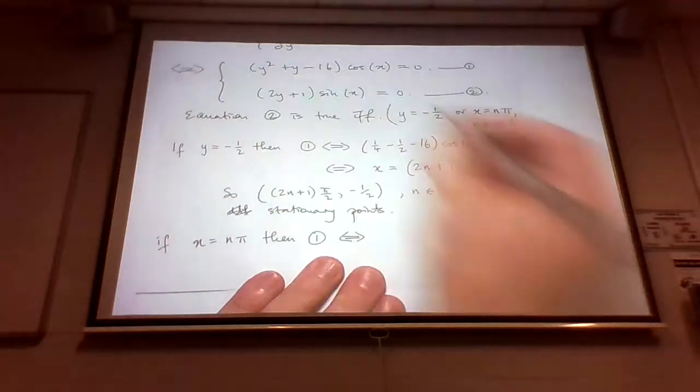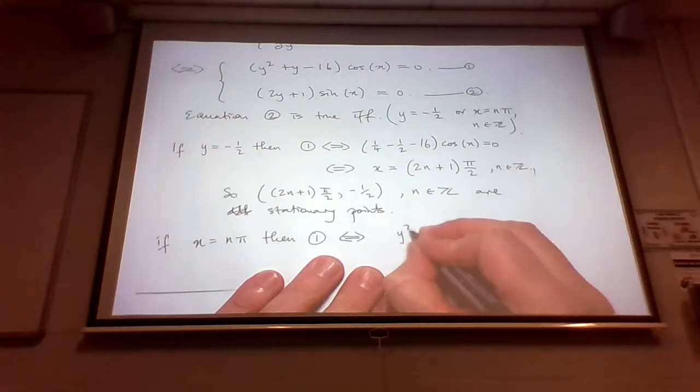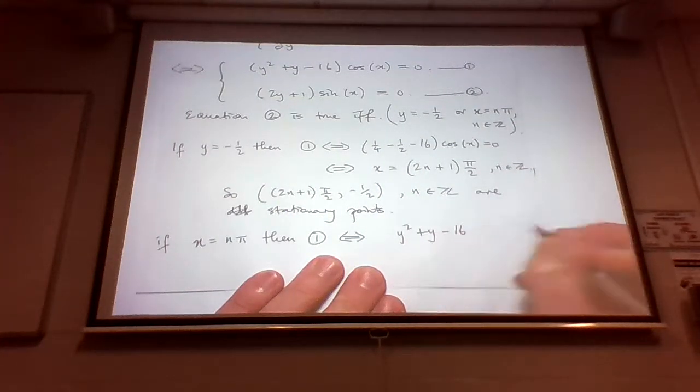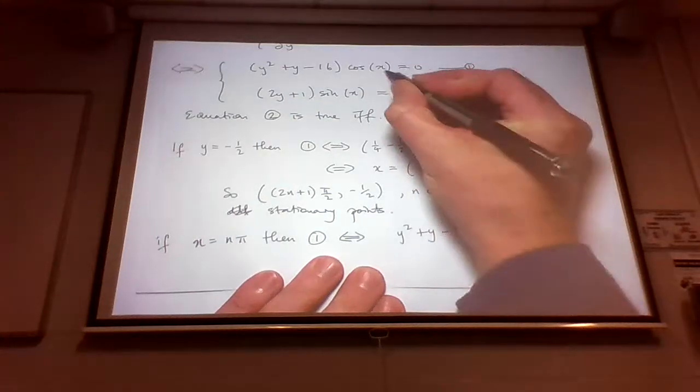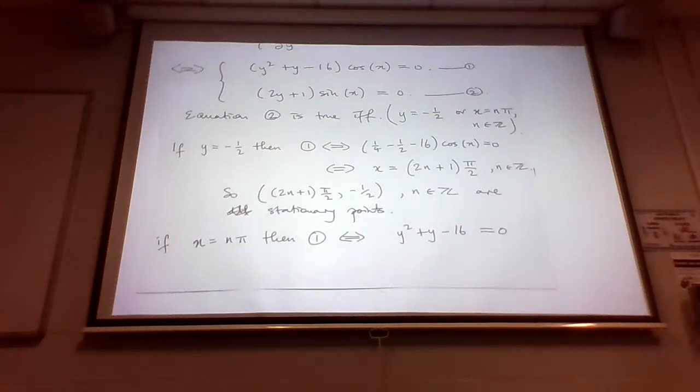You're going to have this polynomial bit, and the cosine of an integer multiple of pi. Cosine of an integer multiple of pi is either plus 1 or minus 1.